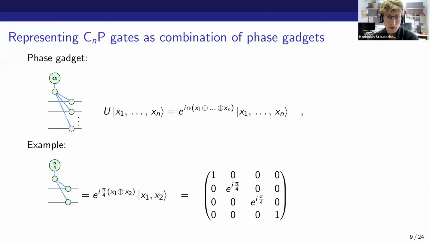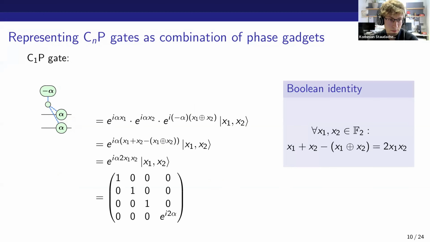Now we can very simply extend this to realize controlled phase gates. Here in this 2-qubit case, we just place phases of phase alpha on the outputs, and we apply a negative phase, minus alpha, on the phase gadget itself.